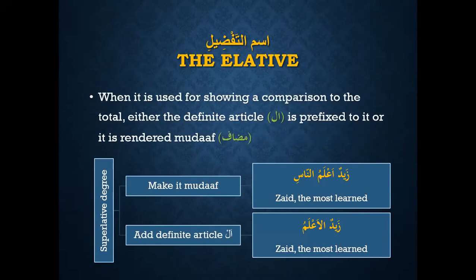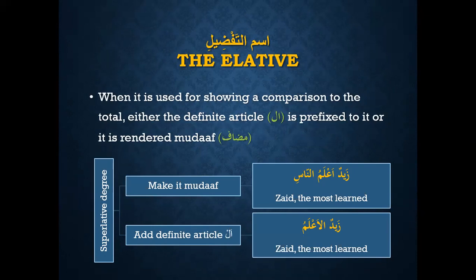Again, when you want to make it the most learned, which is the superlative degree, the ultimate degree that you want to suggest, then you can do it in two ways. Either you make it mudaf to something which is the whole, or you just put al before it.